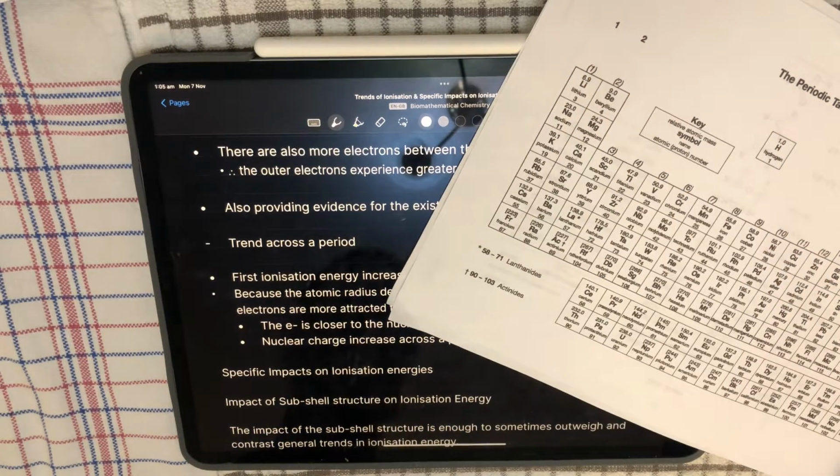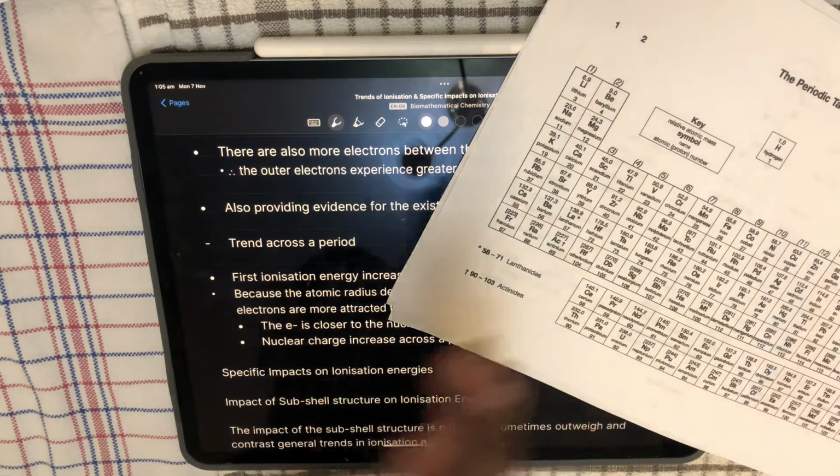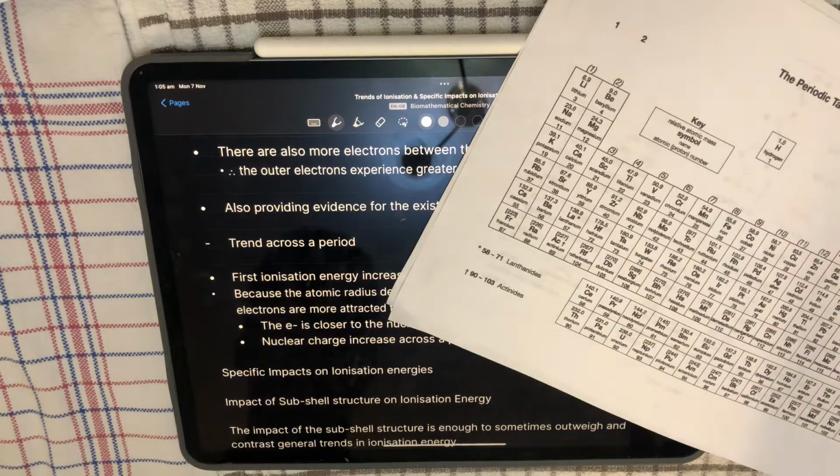If you're answering this as an exam question, you would say: ionization energies increase as you go across a period because the nuclear charge increases.